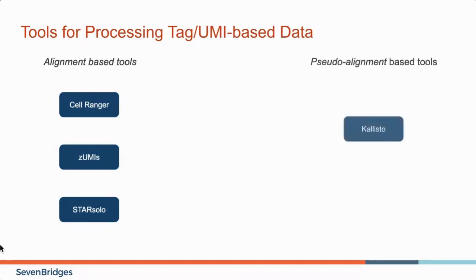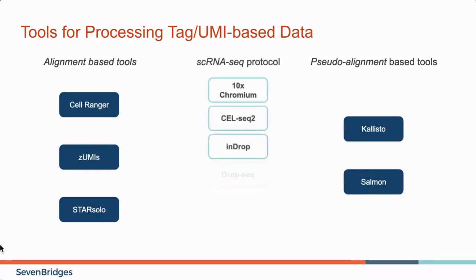On the other end, there are extensions of Callisto and Salmon, and these are the tools that use pseudo-alignment algorithms for single-step alignment and quantification that is optimized for single-cell data. In the middle are UMI-based single-cell protocols that are supported by each of these tools.